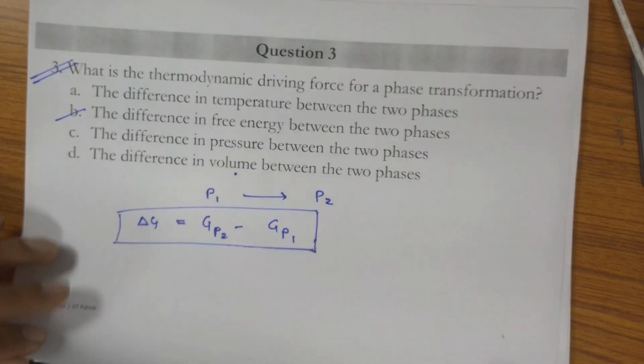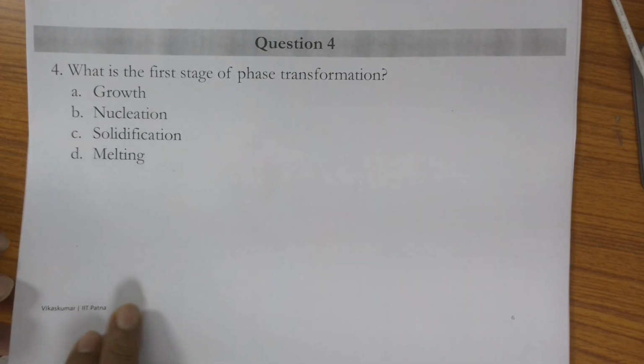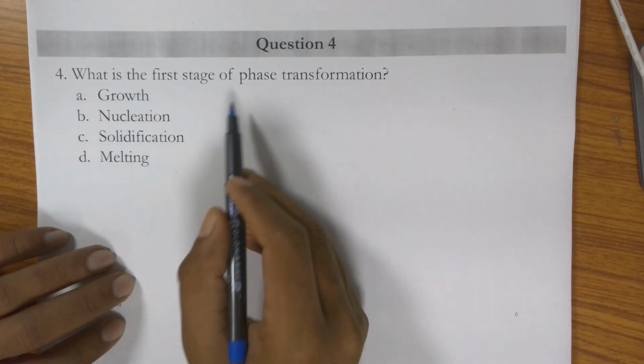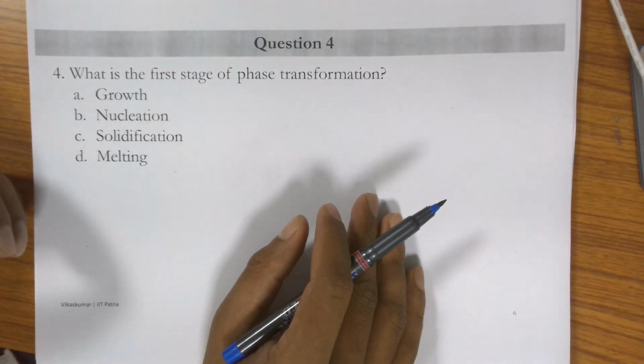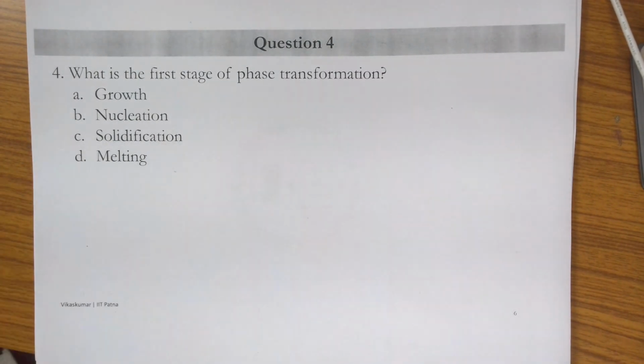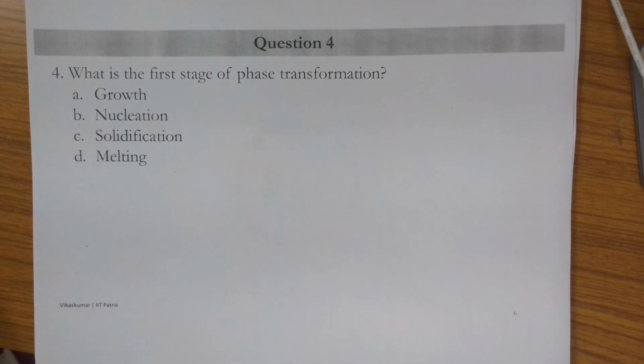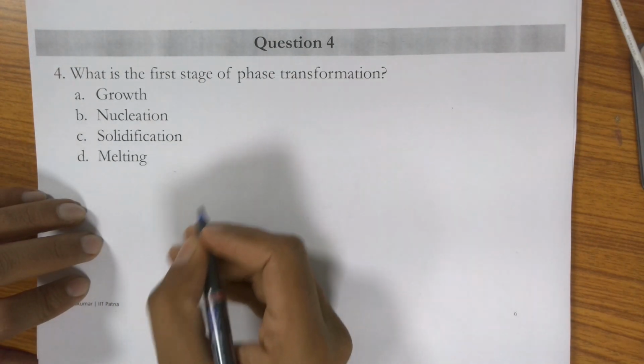Let's move ahead. So now what is the first stage of the phase transformation? Like how does the phase transformation occur? What is the first stage of it? We know that for any phase transformation to occur, the nuclei should form.